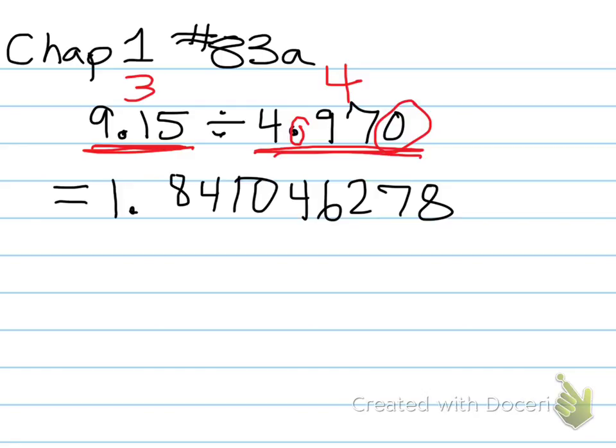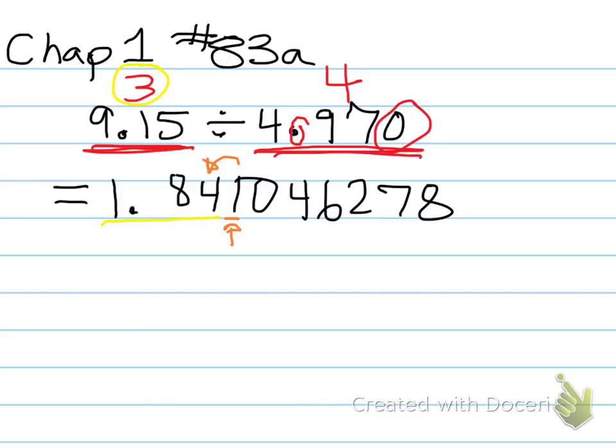So we have a number with 3 significant figures and a number with 4 significant figures. All you need to do is figure out which one has less significant figures. So we know that 3 is less than 4. So our answer needs to have 3 significant figures. So we're actually going to look at the first 4 significant figures and figure out, is this 4th sig fig going to force us to round this?